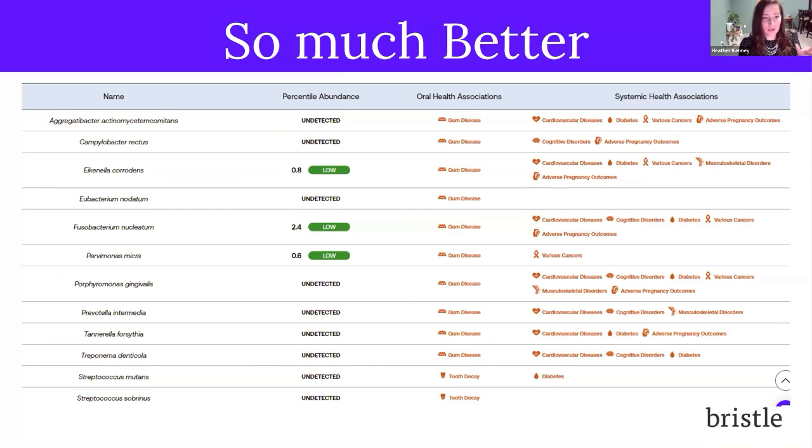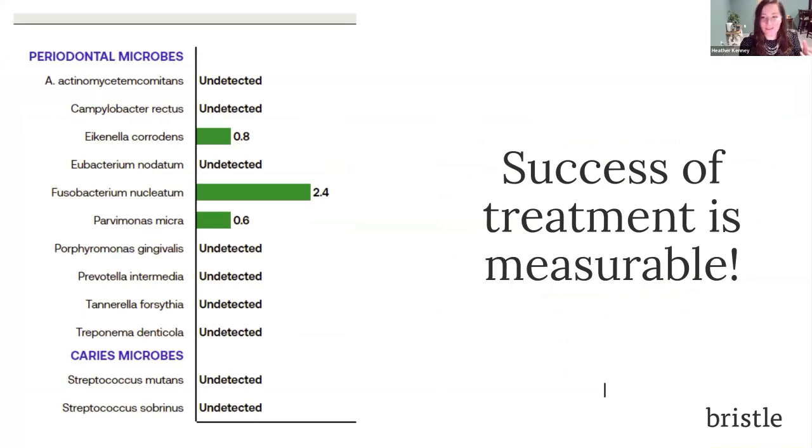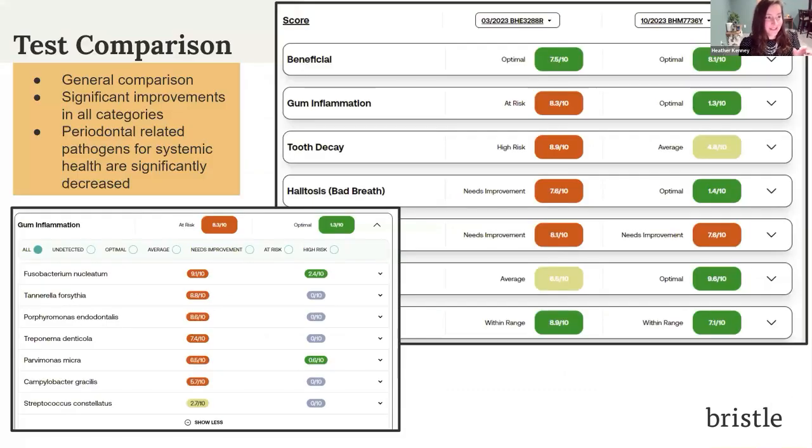She was high risk when you look at the oral systemic connections that we tag here. And whoa, what a difference. That's success, you guys. That's success beyond your perio probing and whether there's disease presence. We've actually brought her to health, which is amazing. We do have a test comparison feature, which I love to dive into.